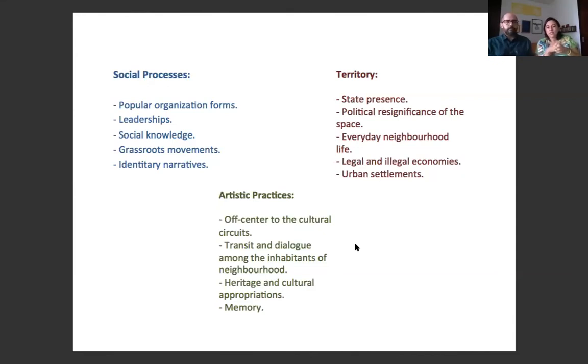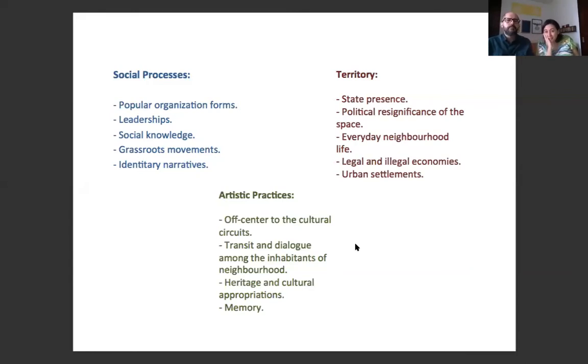Yes, what kind of leaderships are there? What history of organizations? What history of grassroots movements? What kind of experience is there now? Because there's really a difference between places where there are traditions of social movements and grassroots movements, and also what are the identitary narratives and its resources.